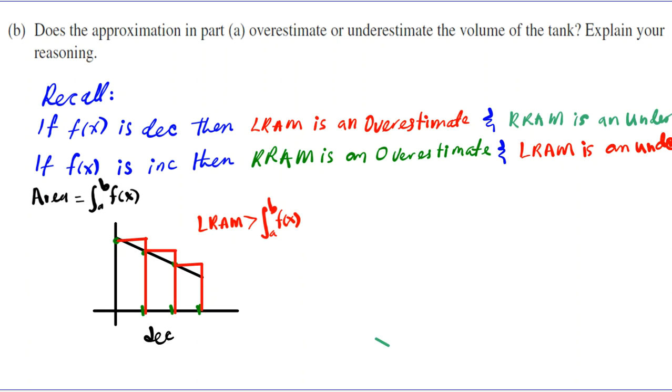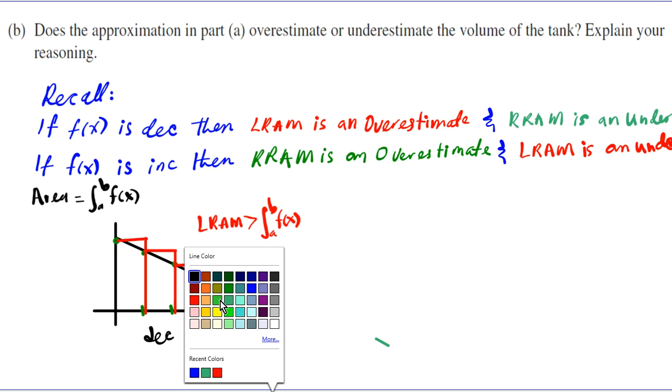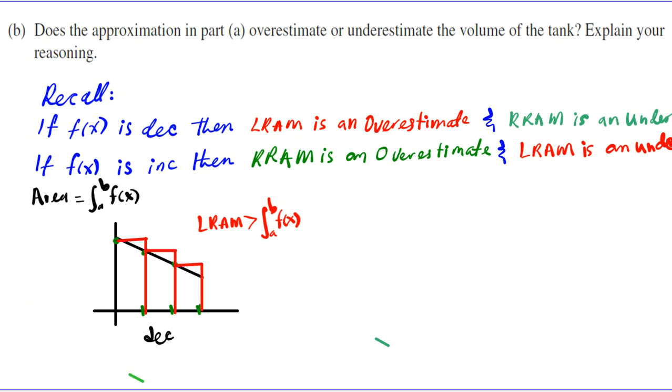Alright, so for RRAM, we're looking at all the points to the right of the left endpoint when we are creating our rectangles. So let's go ahead and take a look at what RRAM looks like. You start from this point right here, and then you create your rectangles. So we're starting from here, this point, that point.